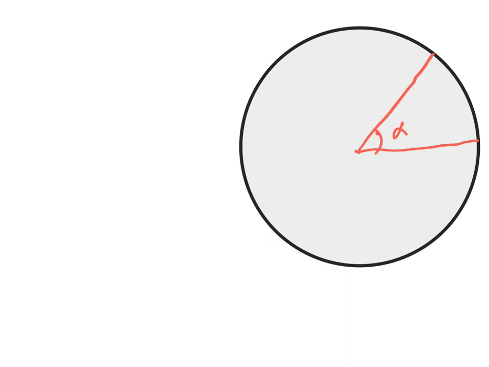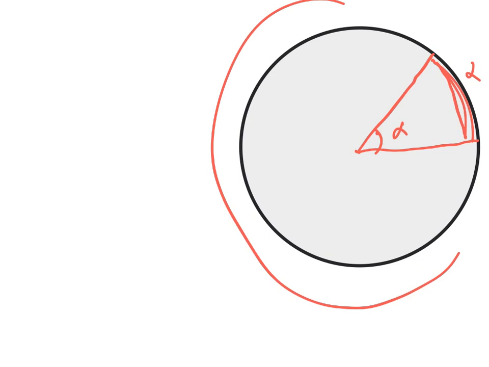The measure of this angle is always equal to the measure of what we call a minor arc right here. So this measure of the arc is alpha. Remember that the measure of an entire circle is 360 degrees. Half a circle then, you can probably guess, is 180 degrees.